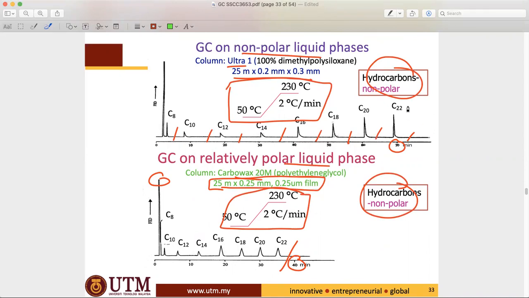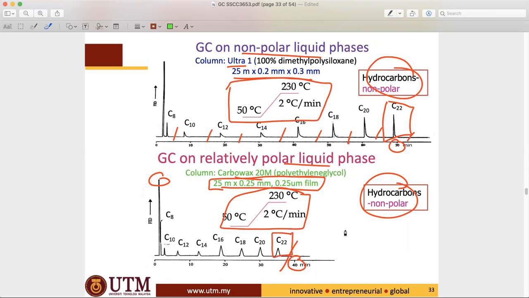Okay, for example, you can see that there is a very big distinction for C22, which is quite high. Means that you were able to separate more here. You were able to get more concentration here as compared to just using a polar liquid.